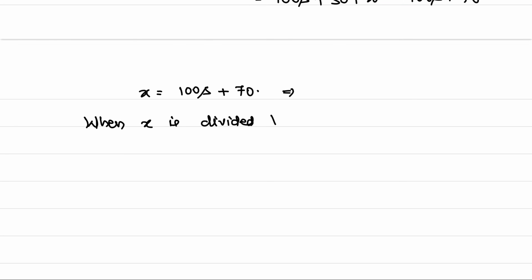That means ultimately we got an equation x is equal to 100 into s, some value of s, plus 70. Which implies when x is divided by 100 it gives a remainder of 70.